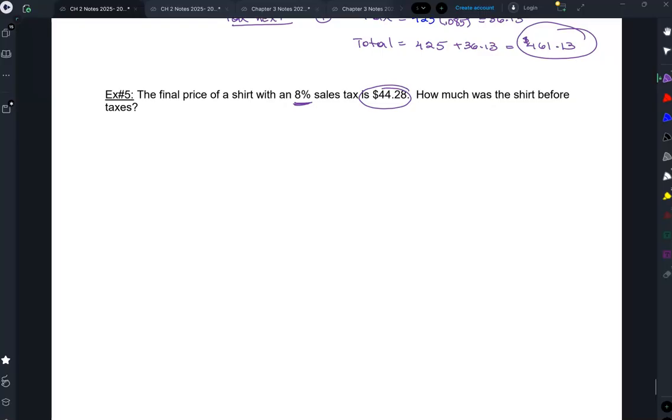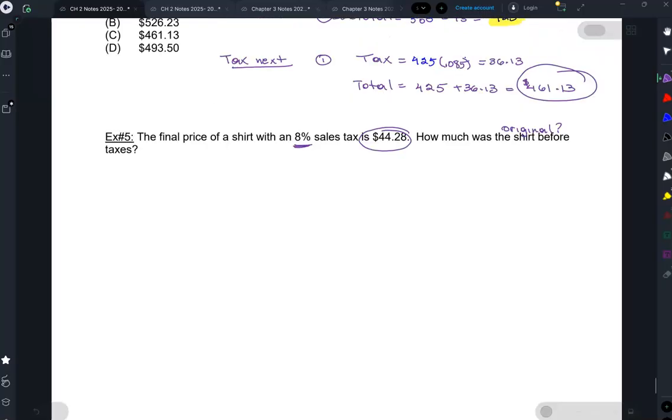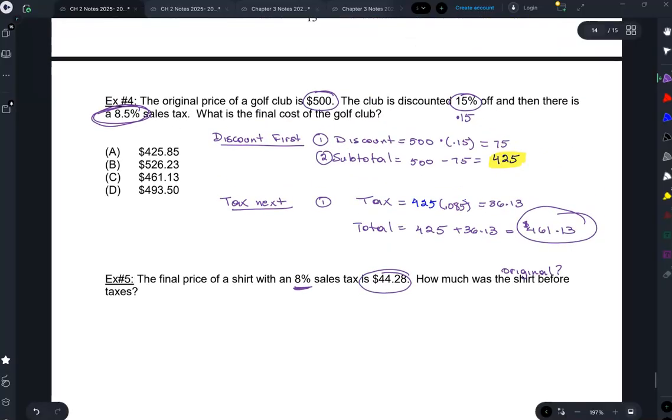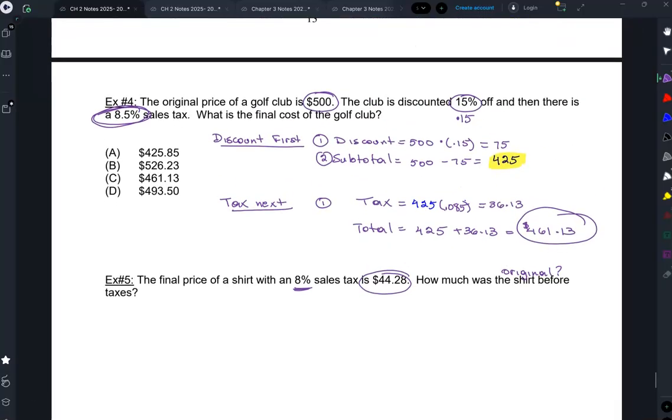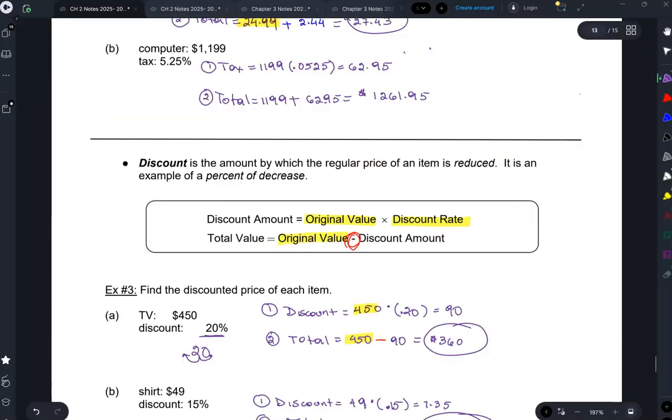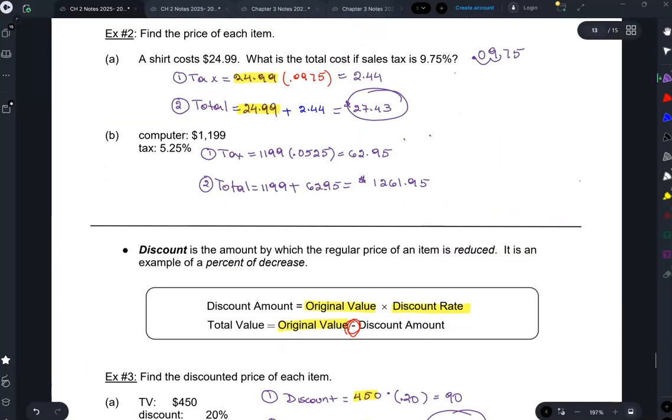So here we go. We want how much was the shirt before? So we want the original price. Okay? So when we were doing tax and stuff, right? So let's go back to tax. Here it is. We split it into two parts, right? But we can combine the two into one, right? What were we doing here?